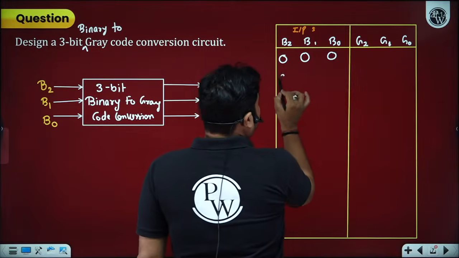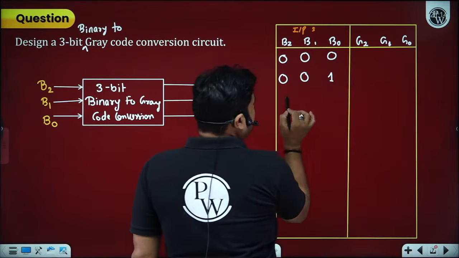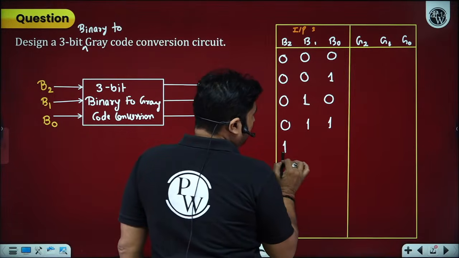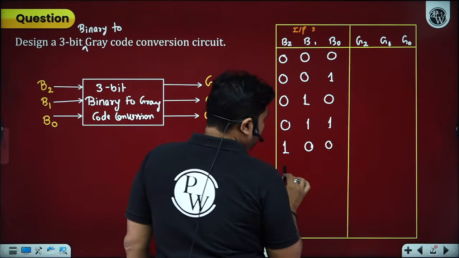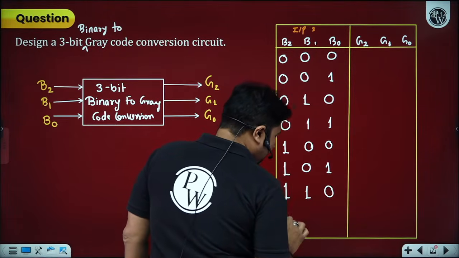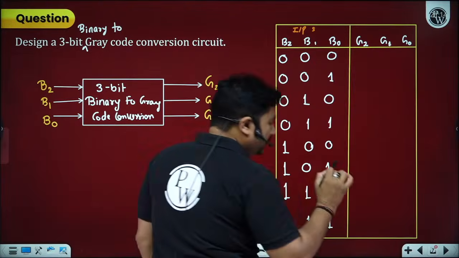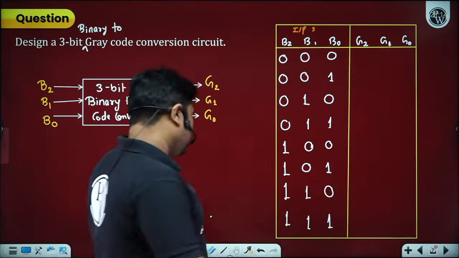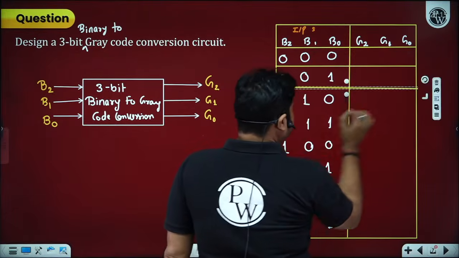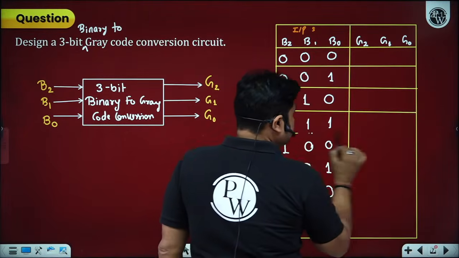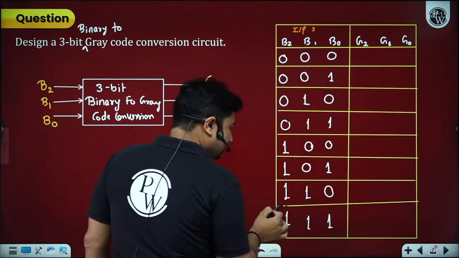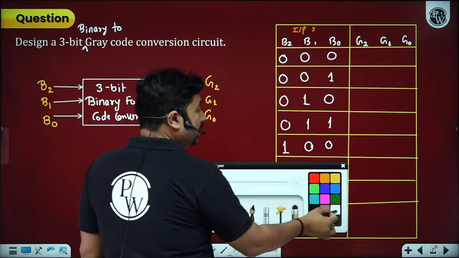Either all are low, any one of them is high, or any 2 of them are high, or all are high. It indicates binary from 0 to binary of 7. This is the beauty of the binary number system. Successive numbers show all the possible conditions.